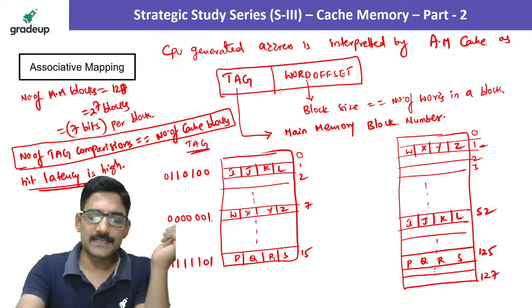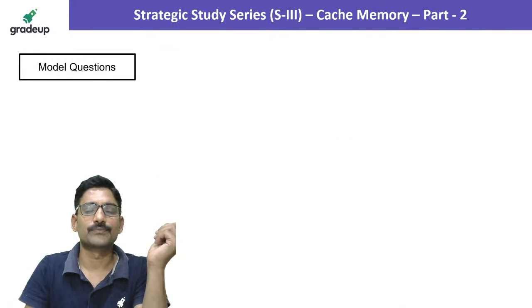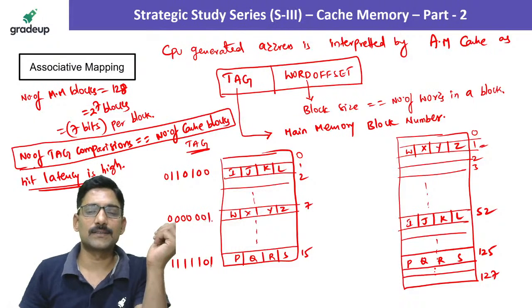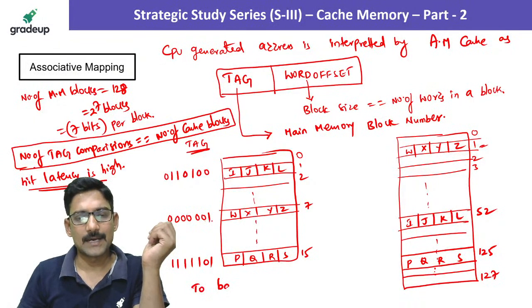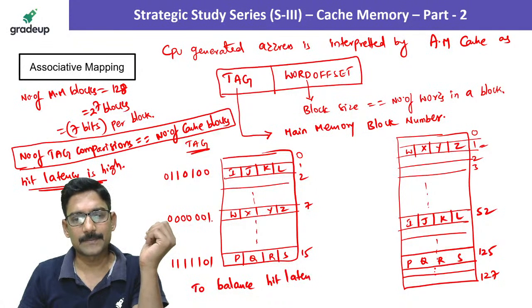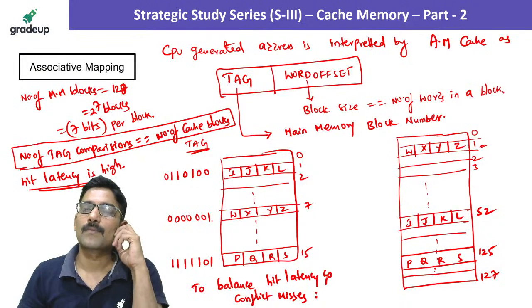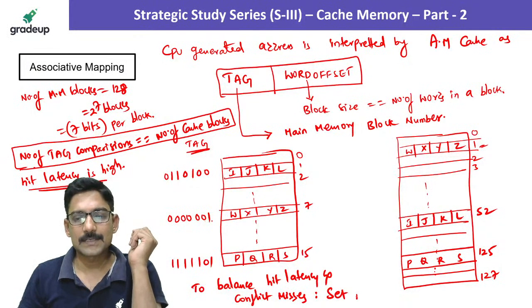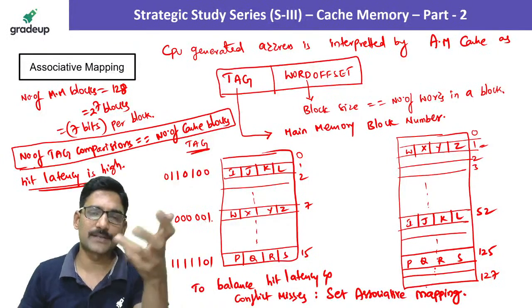So to balance this hit latency and conflict miss, set associative mapping is used. We will discuss the set associative mapping in part 3 tomorrow.